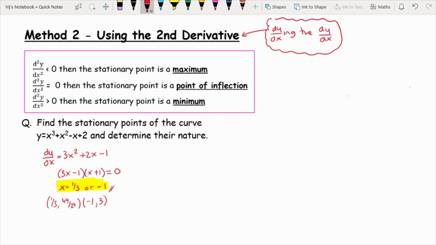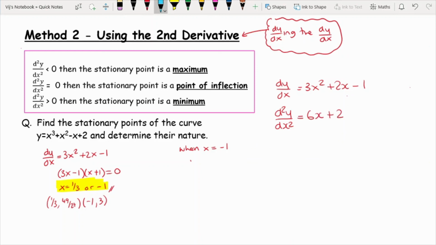So if I start off with when x equals minus 1, I work out the second derivative. If dy/dx is equal to 3x squared plus 2x minus 1, then the second derivative, which we write as d squared y over dx squared, is going to be 6x plus 2.